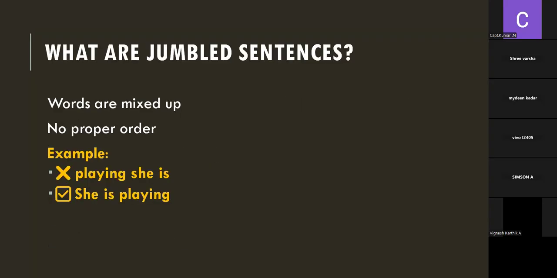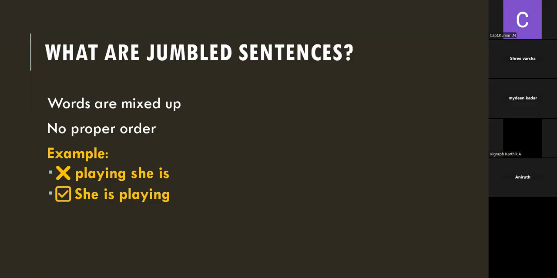Now let's see the upcoming part, that is, what are jumbled sentences? Words are mixed up, with no proper order, like the one I gave you, for example, "playing she is". Is it giving the proper meaning? No, because they shuffle the sentence, so it is not giving the proper meaning.